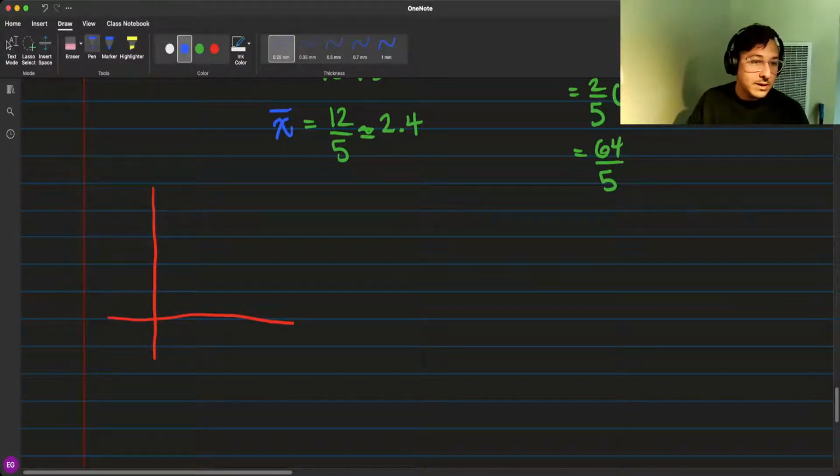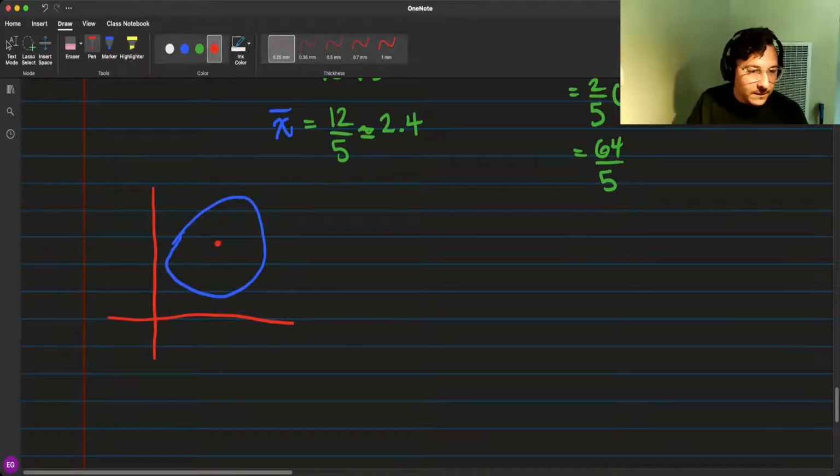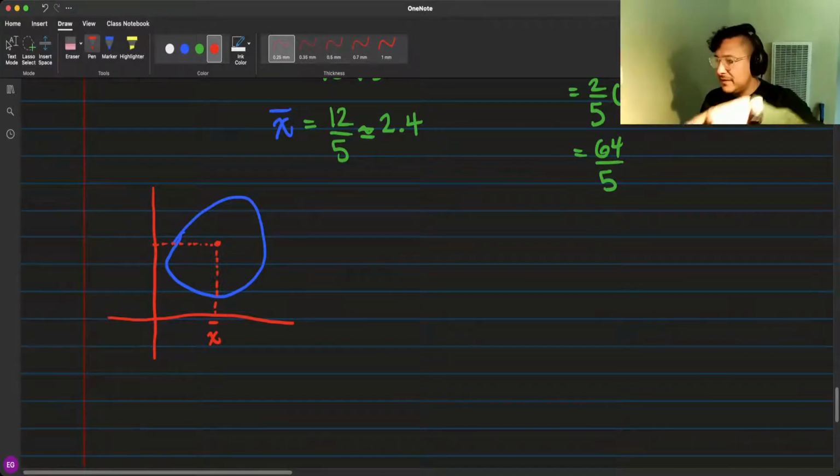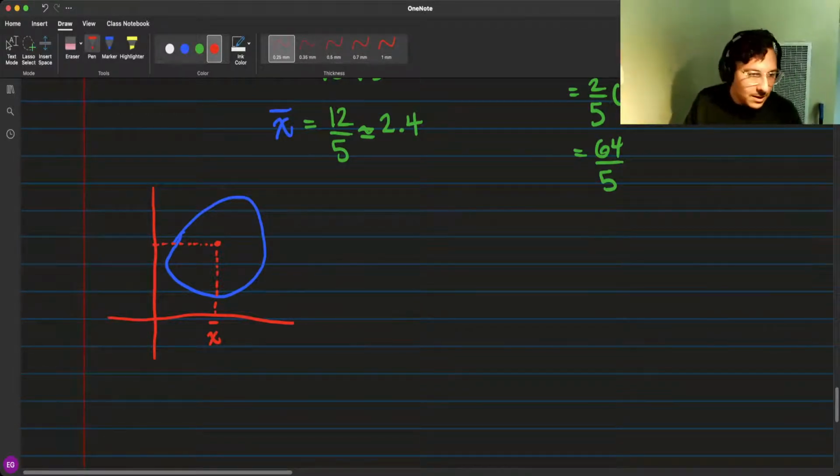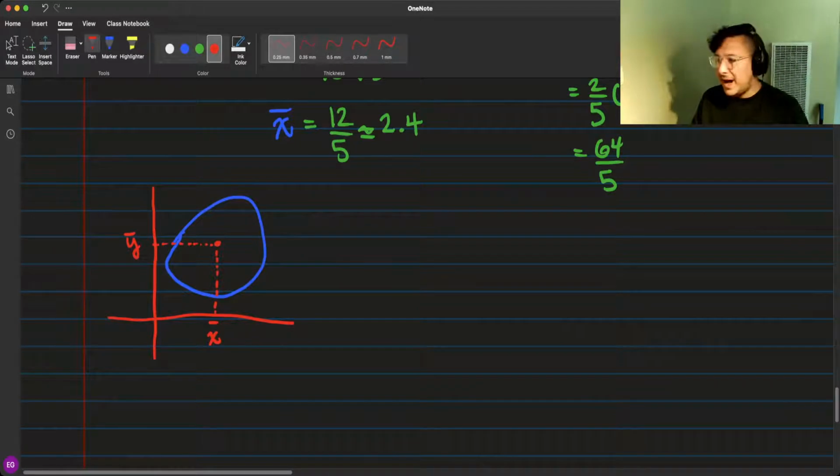Okay, so let's just draw this shape. Right here, that's going to be your center of mass. x bar is the x value of the center of mass. y bar is the y value of the center of mass.